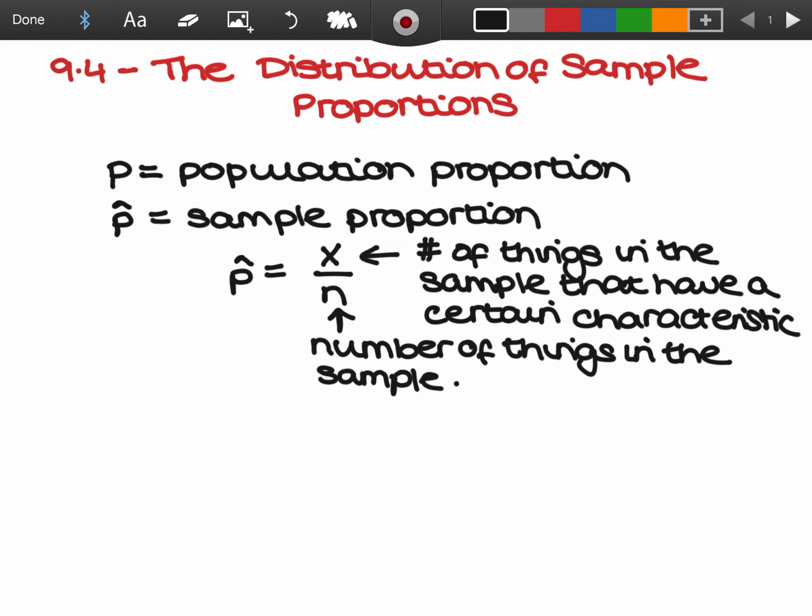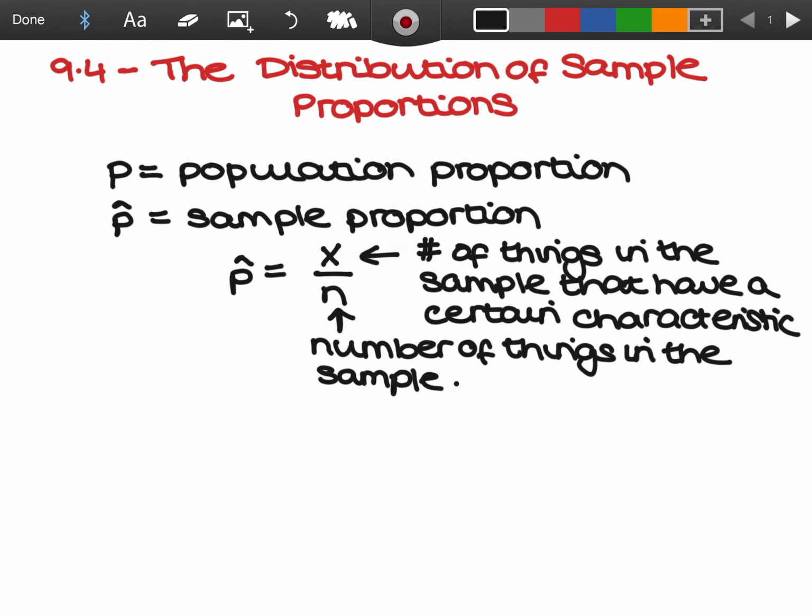What we're now going to do is look at the distribution of those sample proportions. So we did this when we did sample means. We looked at the mean of the sample means and the standard deviation of the sample means, and we saw that this actually took on a normal curve, that normal distribution bell-shaped curve. We're going to do the same thing here.